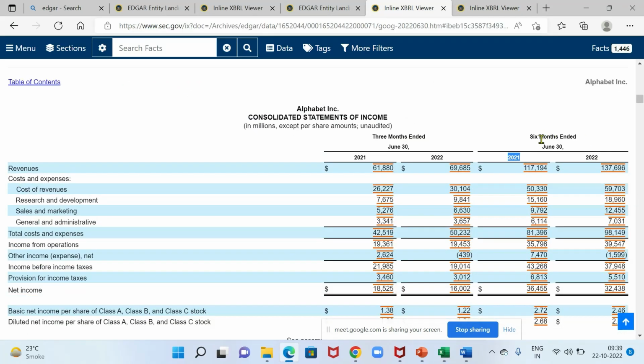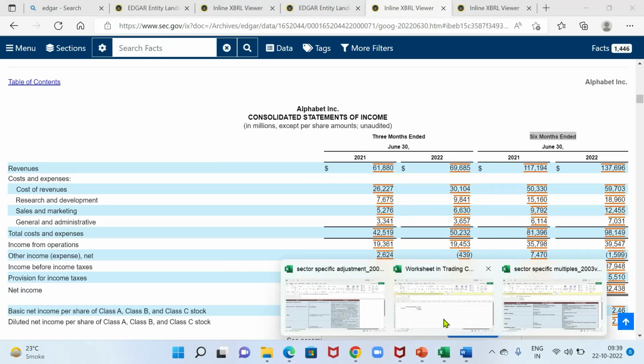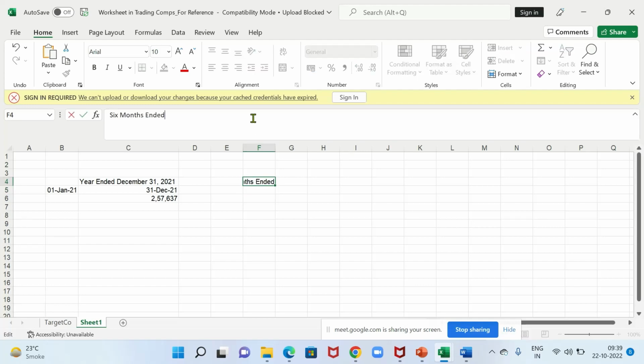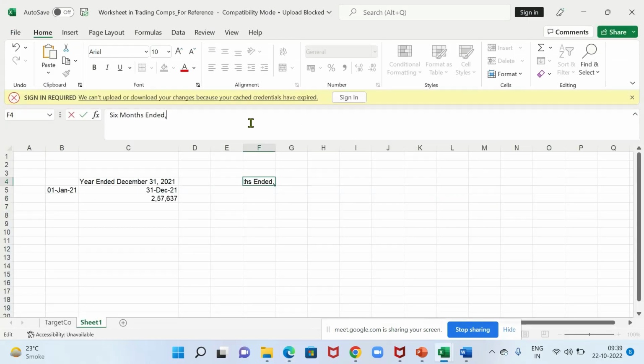Now let's see. We have this number which is 6 months ended. We have two numbers. June 30, 2021, 2022.